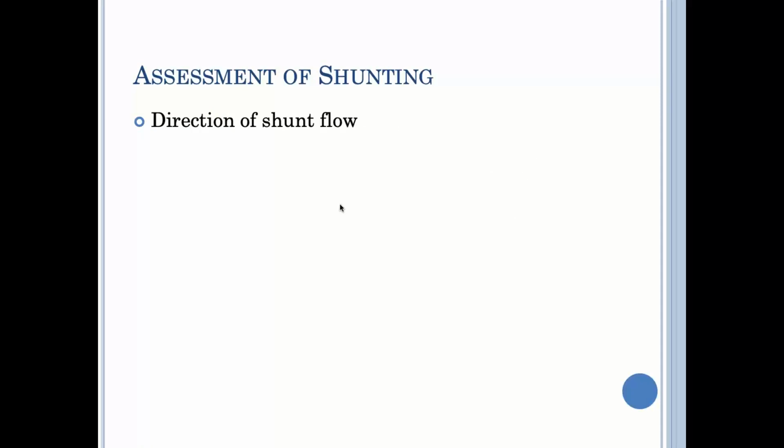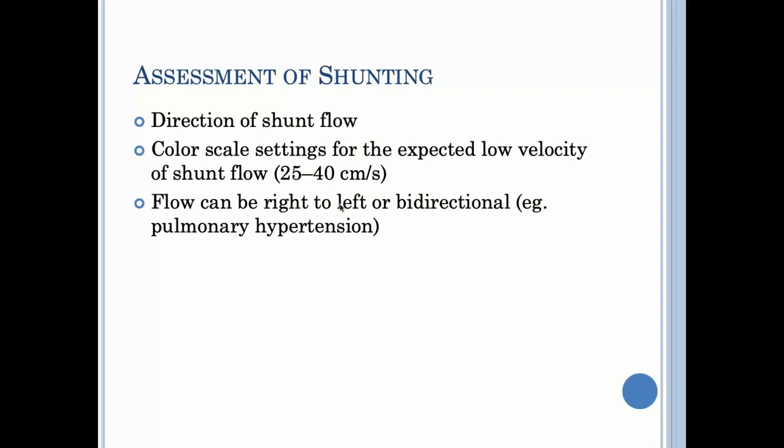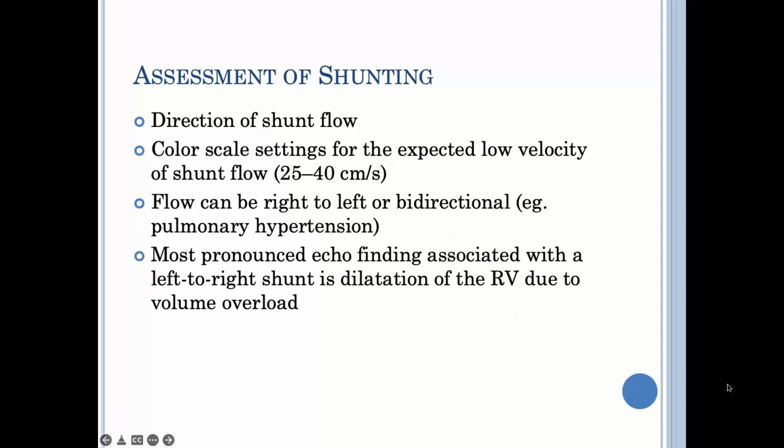And then just briefly, in terms of assessment of the shunting, I mentioned direction of the shunt flow. The color scale generally needs to be set to assess for lower velocity of the shunt flow, so generally 25 to 40 centimeters per second is what the guidelines have recommended.